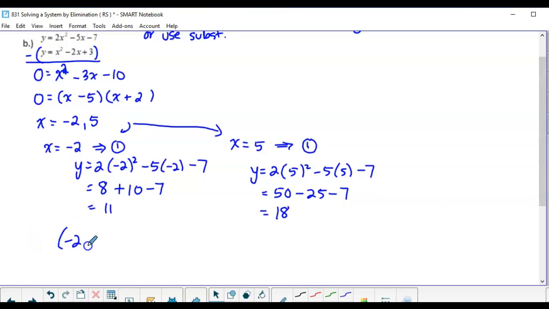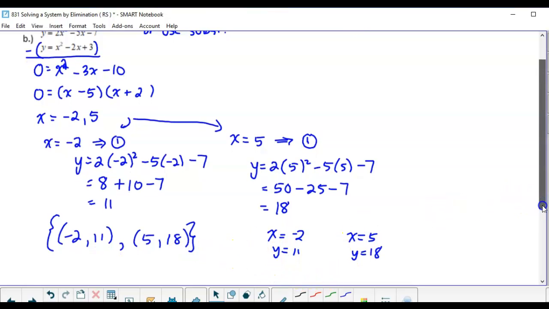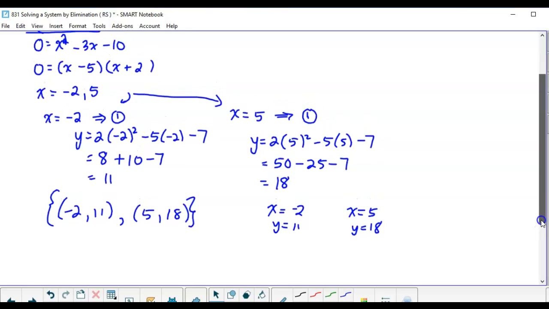So we'll have negative 2, 11 and 5, 18, or say x equals negative 2, y equals 11, x equals 5, y equals 18. And you can verify them. I'm not going to go through the step of verifying.